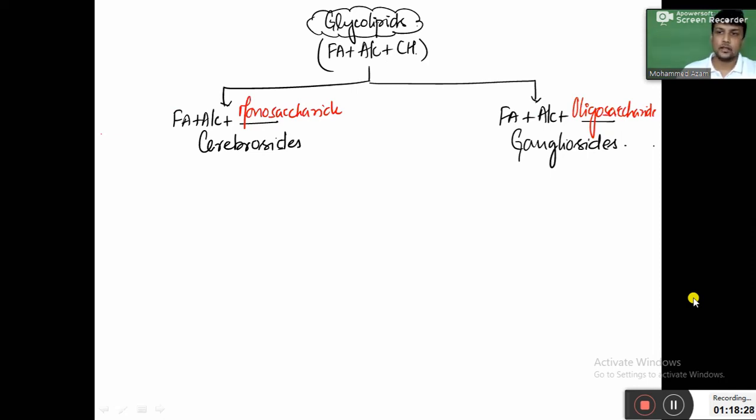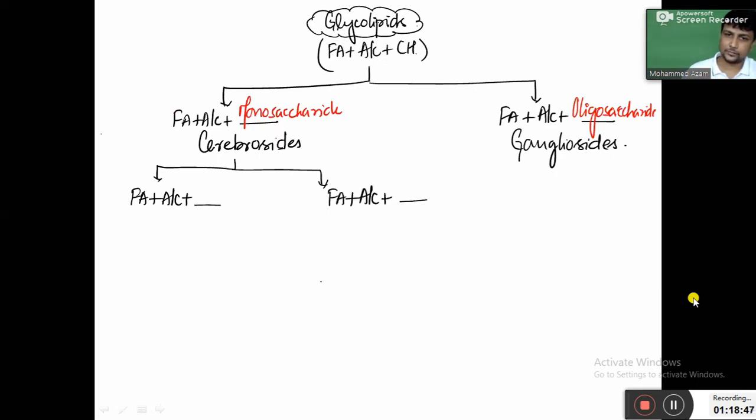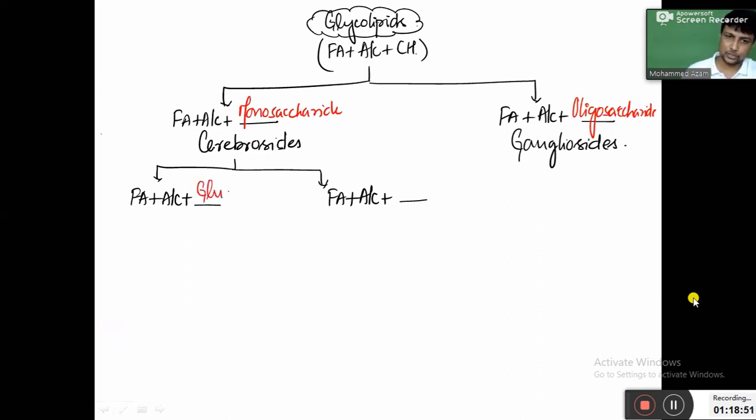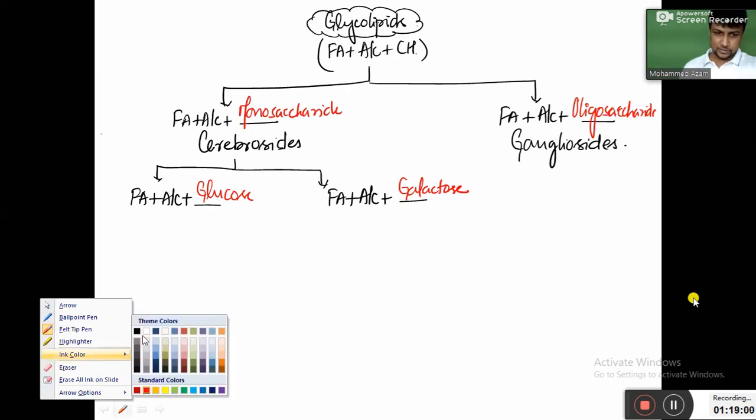Okay. Now these cerebrosides, first of all let us deal with cerebroside. The cerebrosides are in turn divided into two categories. How are they divided into two categories? There will be a fatty acid along with alcohol along with monosaccharide. Sometimes the monosaccharide will be glucose, and sometimes the monosaccharide will be galactose. Okay. If there is a glucose, then what will be the name of this one here right now, guys?